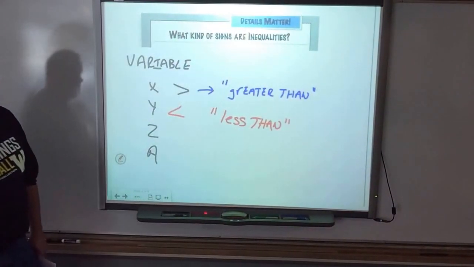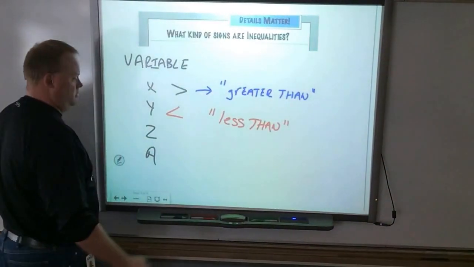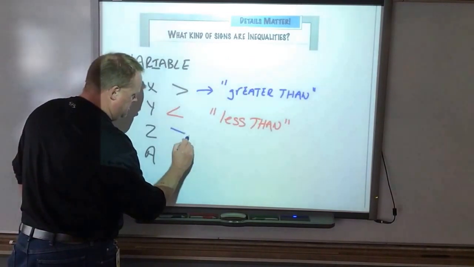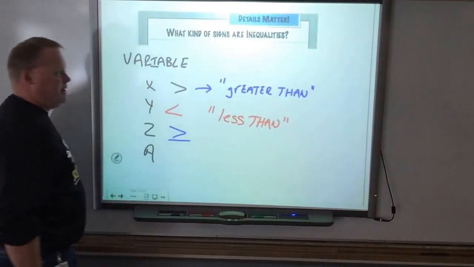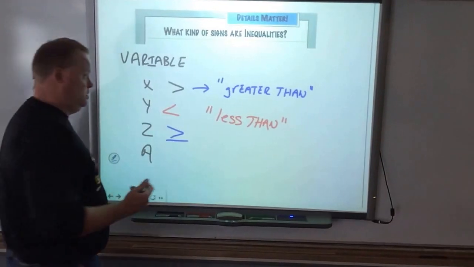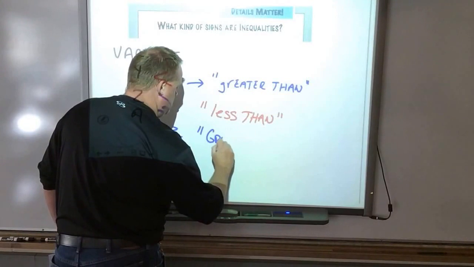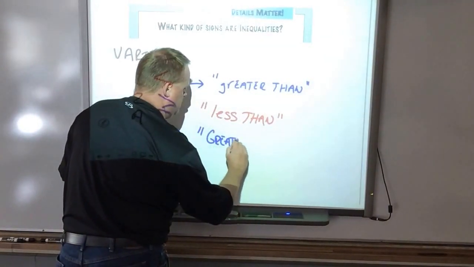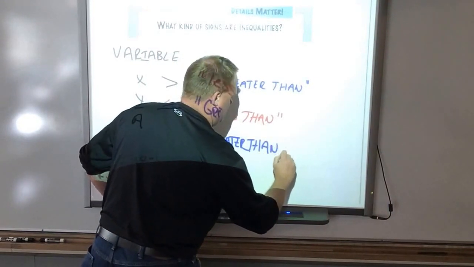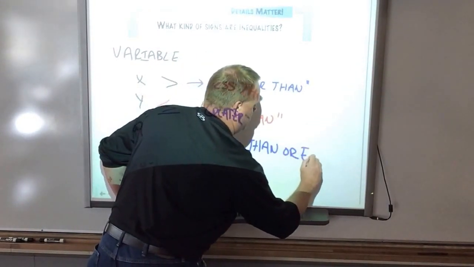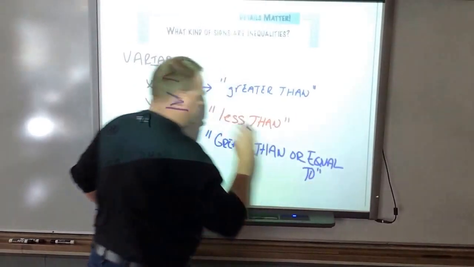Okay, so less than. The third one I have is the greater than sign with a bar underneath it. That bar means equal to. So I'm going to say it is greater than or equal to. Okay?